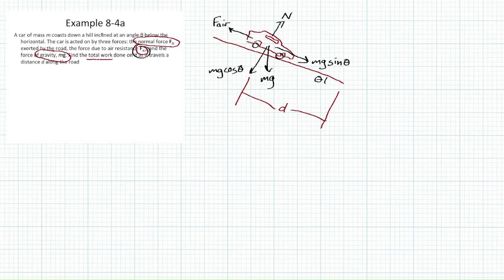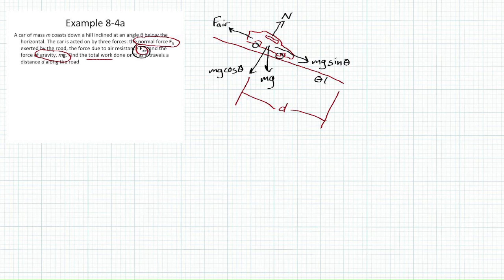Well, let's see. What's the first force that's listed here? Well, I don't want to do normal force yet. Let's start with our weight force. What work is done by our weight force?